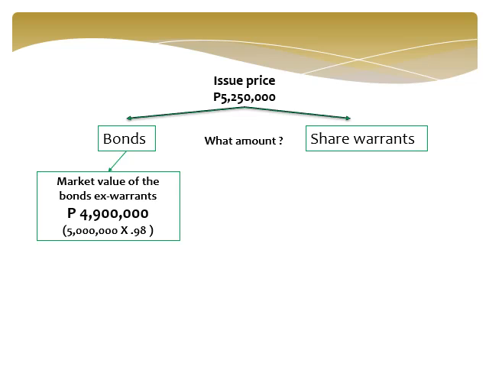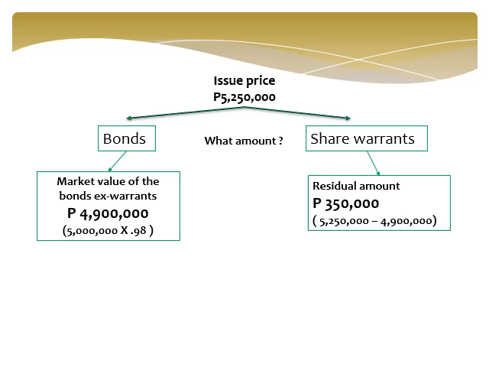So, anong amount yung ma-allocate sa share warrants? Again, residual amount lang yung sa kanya. Ano yung remaining amount? So, the issue price is 5,250,000. In-allocate natin yung 4.9 million kay bonds. So, therefore, may remaining pa na 350,000. So, yun yung amount na i-allocate natin sa share warrants.